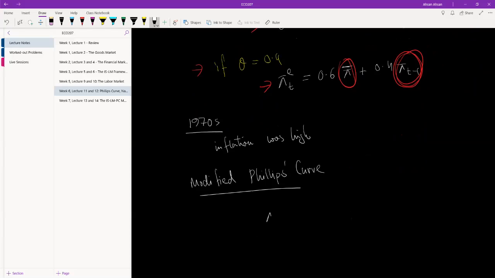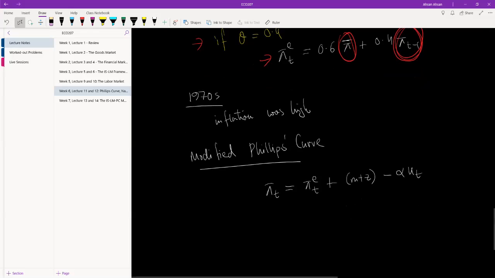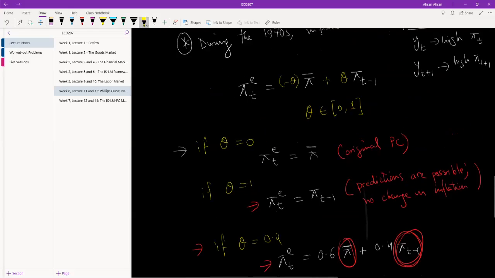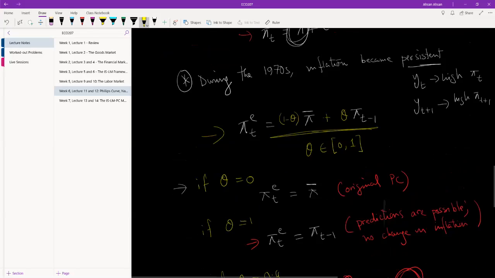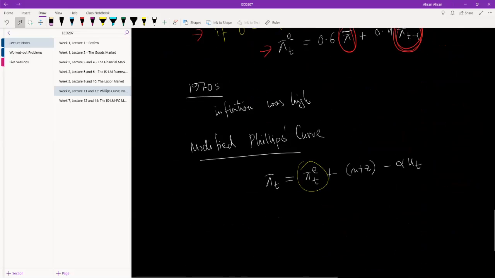We take this π_t equal to, we have already derived this, remember, m plus z minus α u_t. This is the original Phillips curve. And from here, we are going to replace this right here with this equation. So this value, we're going to plug it in here.